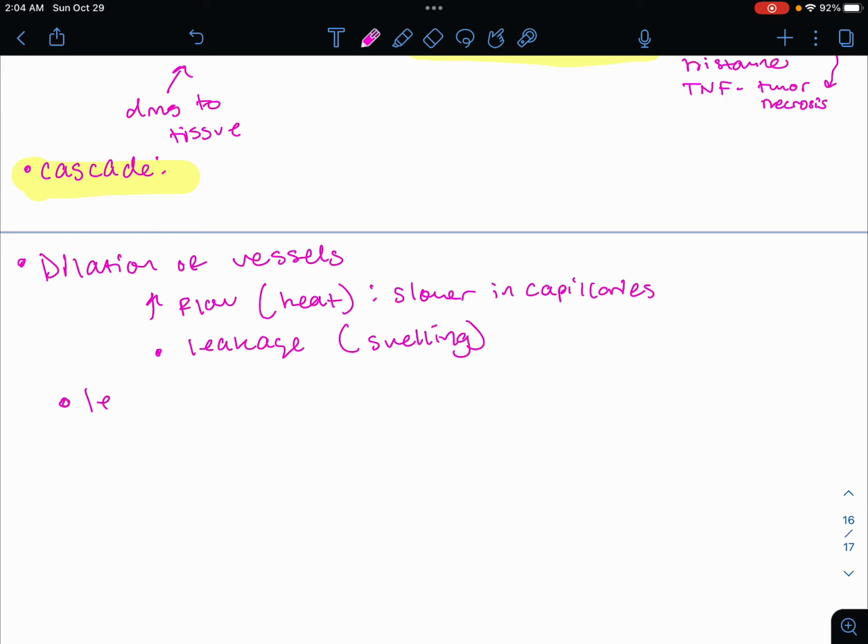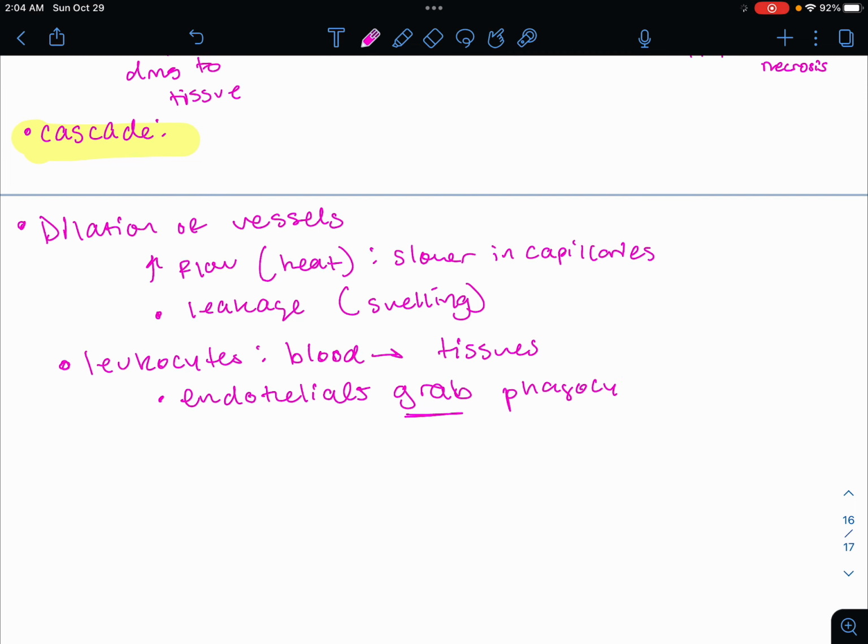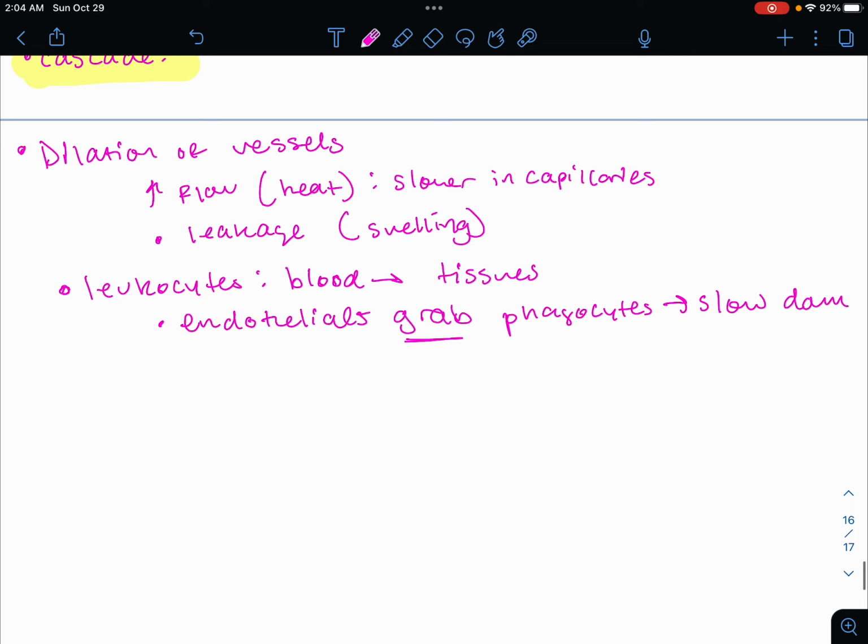The leukocytes will go from blood to the tissue. This is where the endothelial cells grab the phagocytes, slow them down, and then this is going to cause a motion called diapedesis.